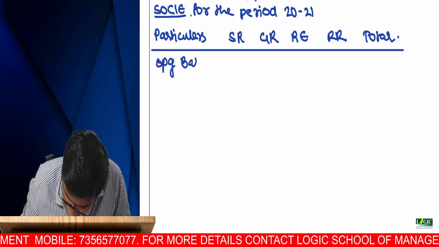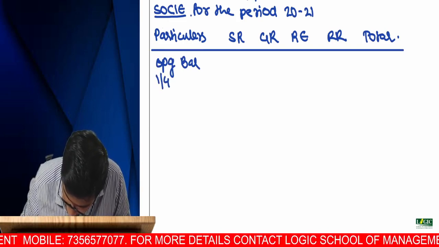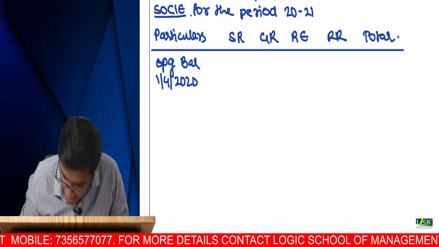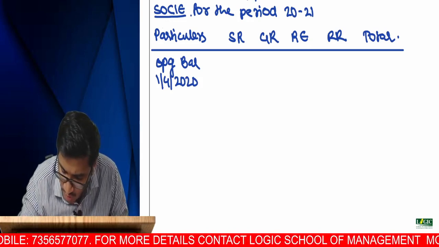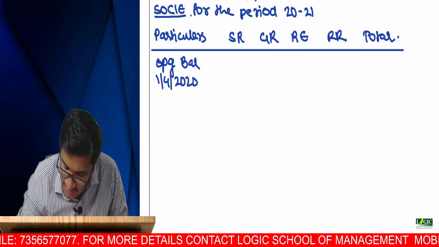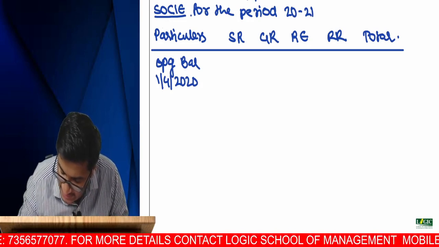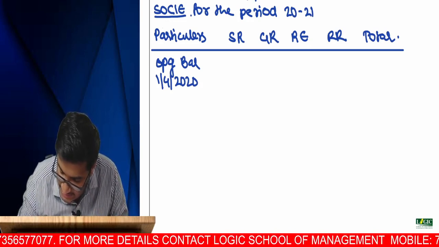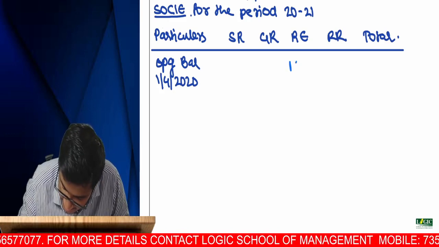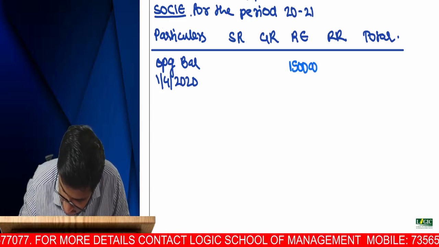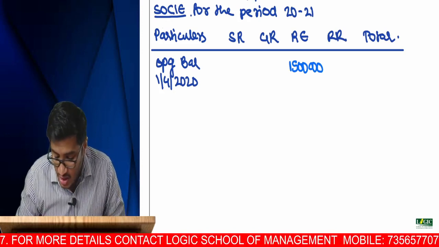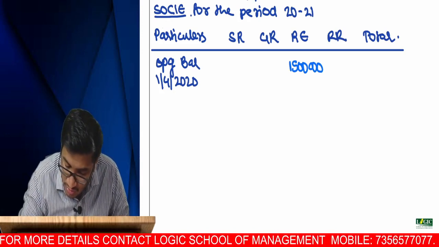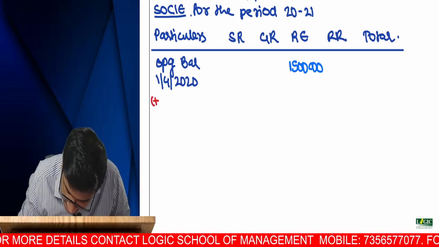Opening balance as on 1/4/2020. Assume the opening balance of retained earnings, the accumulated reserve, is 15 lakhs.